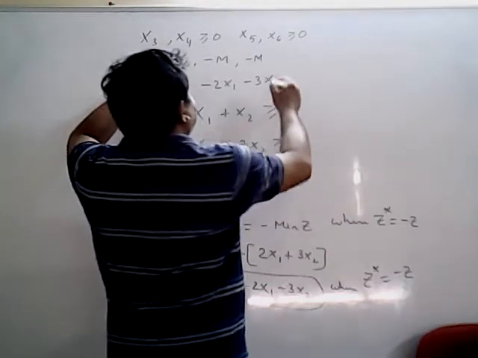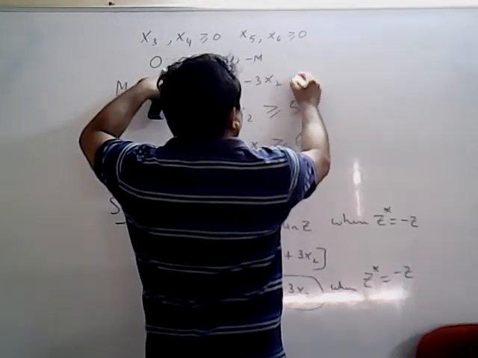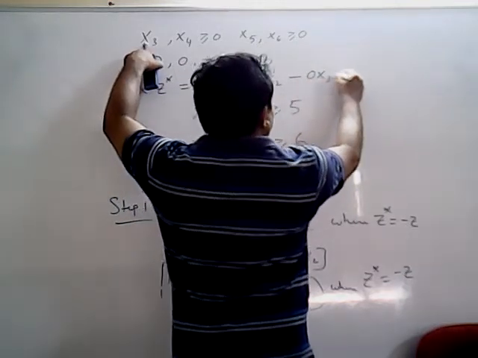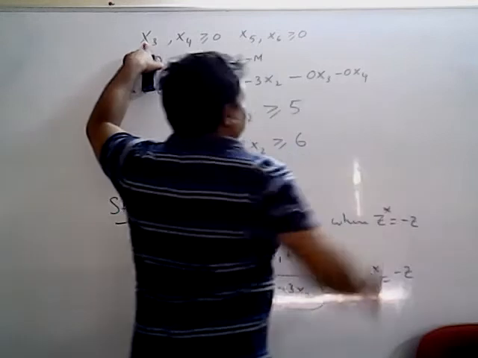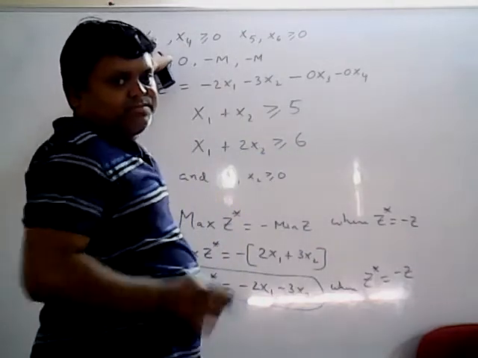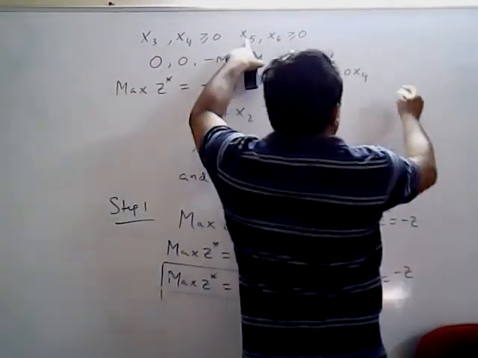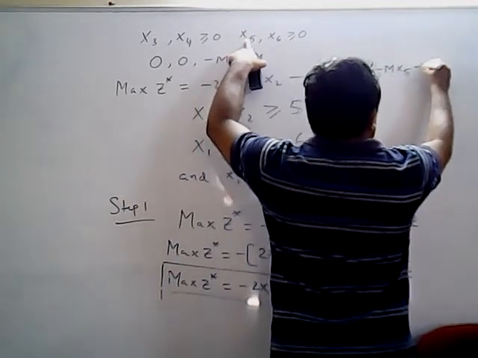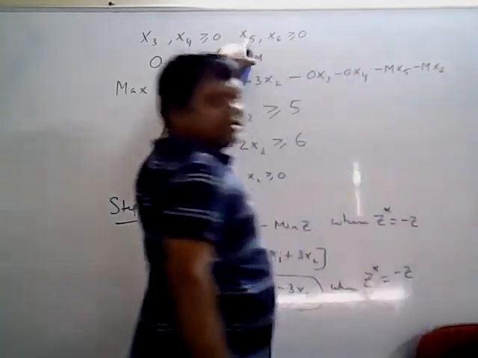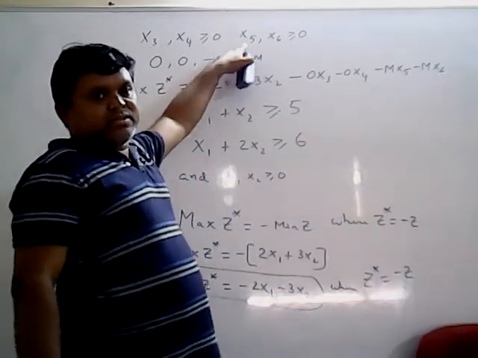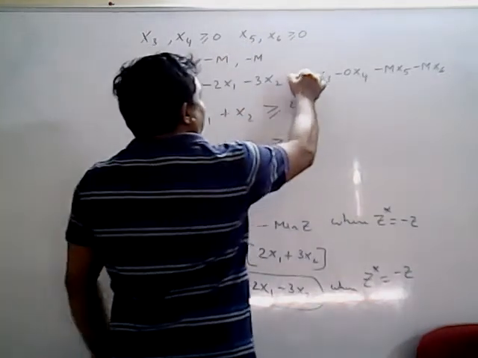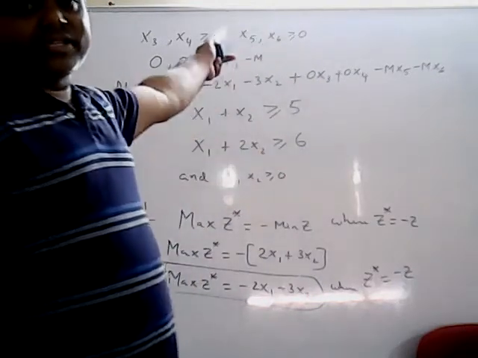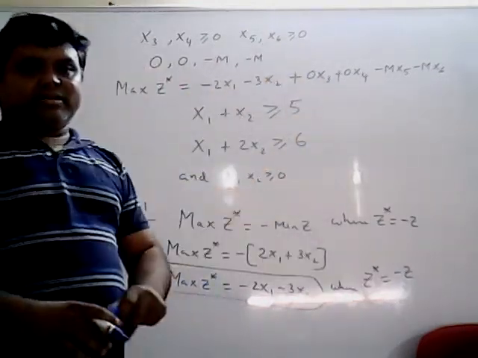So it is 0x3 minus 0x4, and then the artificial variable cost is minus Mx5 minus Mx6. For slack and surplus variables you can take plus or minus 0, no problem.